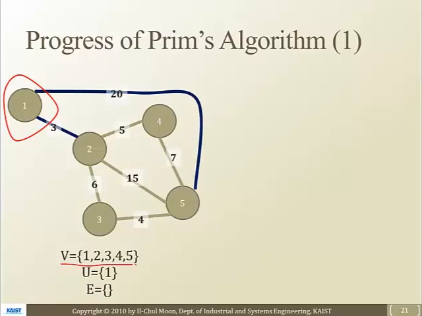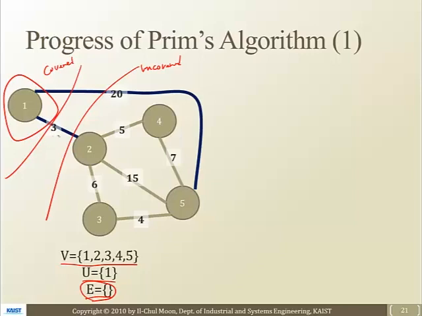We have vertices 1, 2, 3, 4, 5 to cover, and 1 is already covered. E is the set of edges being used to cover. Here 1 is on the covered node side, and 2, 3, 4, 5 are uncovered, and 20 and 3 are the edges connecting covered and uncovered nodes.